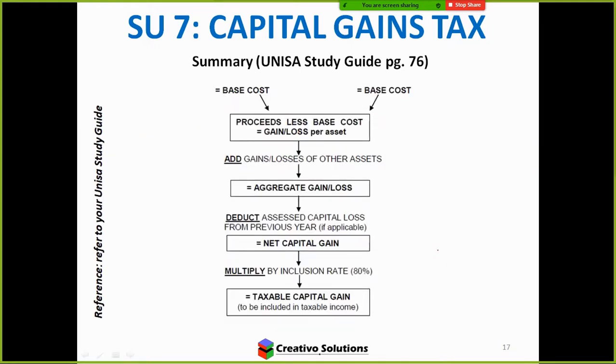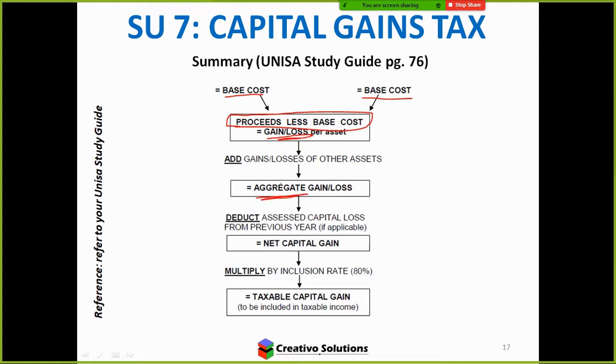Great. The last slide here is just taking it a step further where we're looking at the gains or losses. Once you've got the base costs and the proceeds, the difference is going to be your capital gain. Proceeds minus base costs will give you the gain or the loss. You've got to aggregate all the gains and losses.